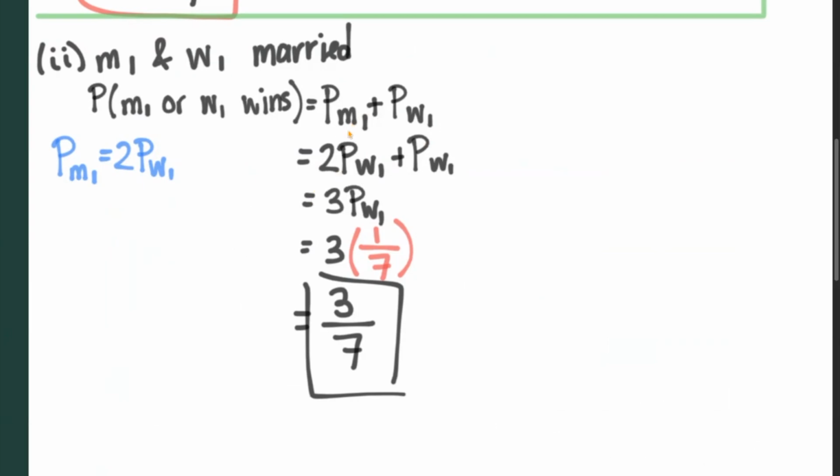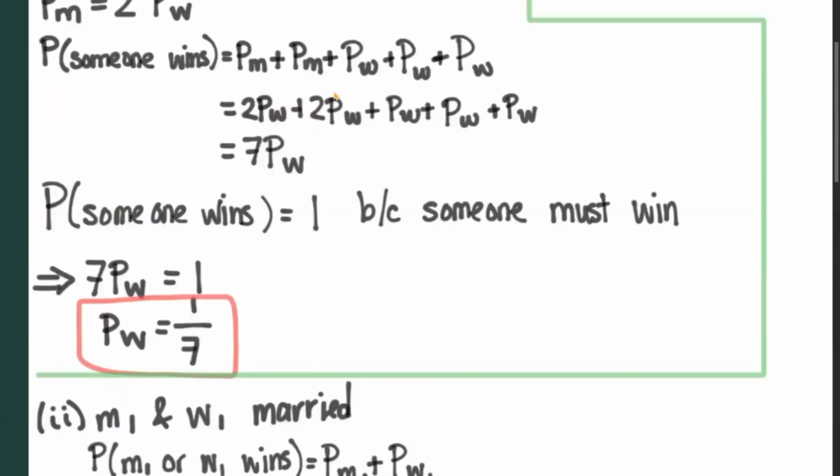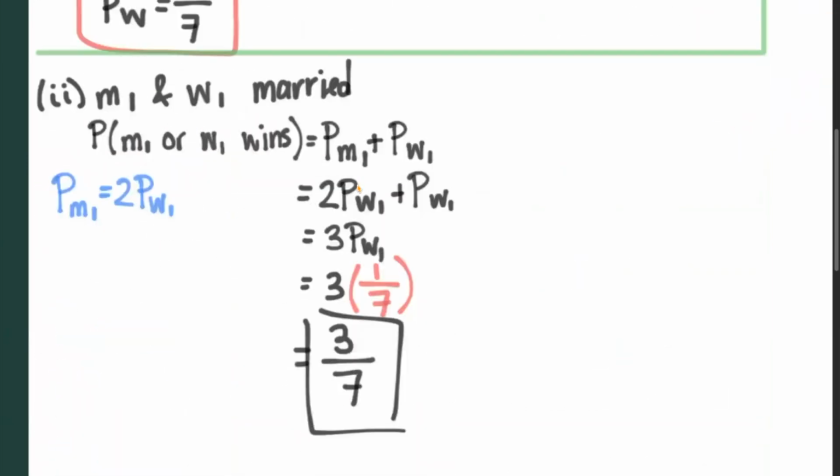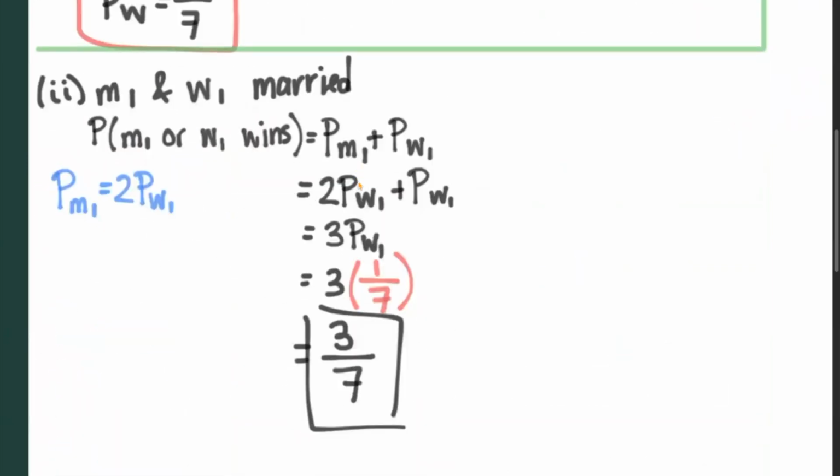And so we know from earlier that PM1 would equal 2 PW1. If we make that substitution for PM1 here, we would get 2 times the probability that woman 1 wins plus the probability woman 1 wins.